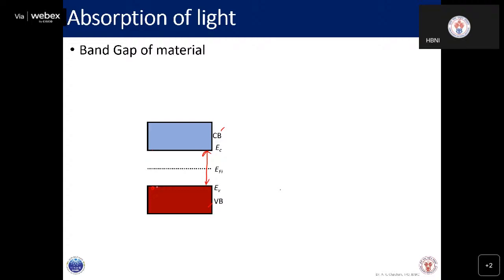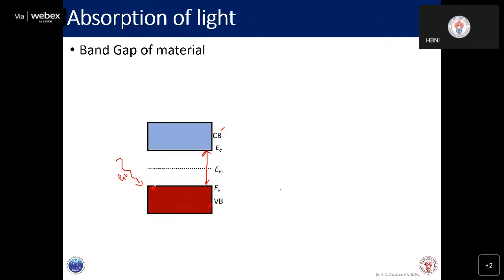Because this electron, as we saw yesterday and the day before yesterday also, in order to accept this radiation, needs a valid energy level, which is its present energy plus this energy.